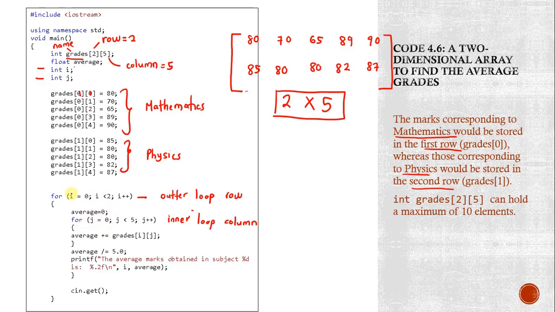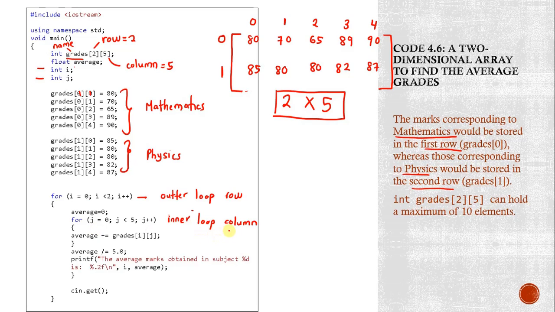Okay, and then j from 0 till 5, less than 5, because I'm starting from 0. If I look at here, this is my 0 1 2 3 4, and 0 1. So my row is from 0 to 1, so I less than 2.